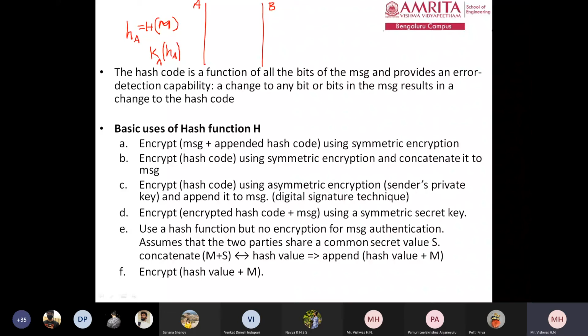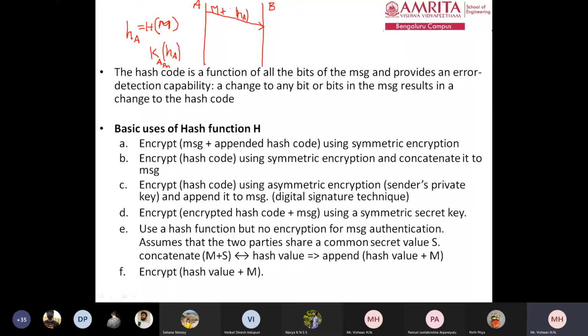Private key of A, let me write it as PR key A, that is private key of A. From that you are encrypting the hash code. So you are sending to B the message plus H of A encrypted using the private key.